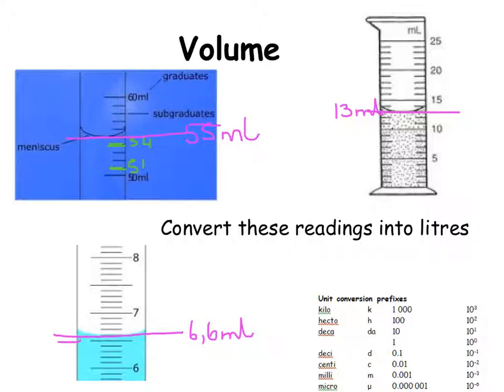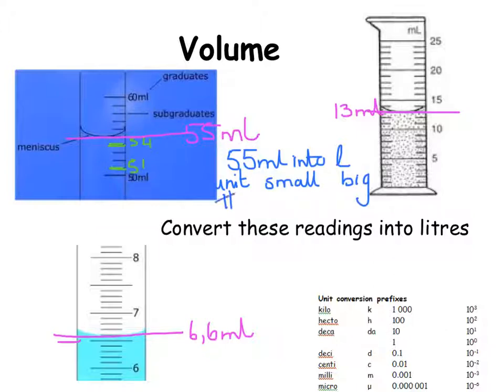It then asks me to convert all of these readings into liters. Now, if I am going from milli to no prefix, milli is 10 to the negative 3, or it's 1,000th of something. So let us first do the 55. 55 milliliters into liters. I am going to say the unit milliliters is small when I compare it to the unit liters, which is big.